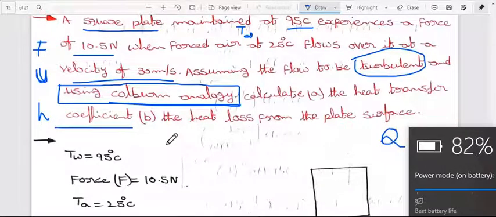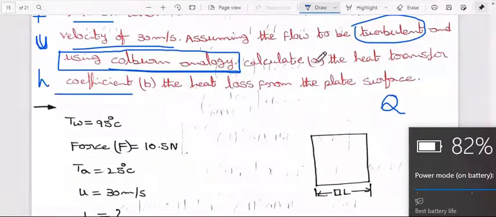So what is the h value and what is the Q value? Now we need to check whether this problem is turbulent flow or laminar flow. In this problem it is clearly mentioned: assuming the flow to be turbulent. So that's why I am considering this problem as turbulent flow.